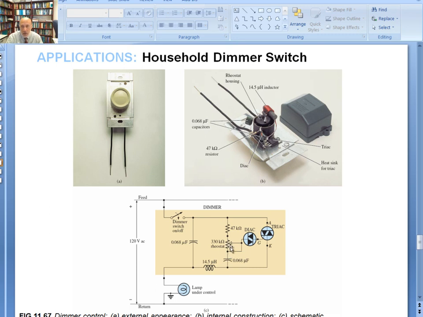By adjusting this rheostat, it comes to a time when the voltage across the capacitance, because the majority of the voltage will drop across the capacitance, is sufficiently high to turn on this diac. The diac is just a bidirectional diode, because remember the diode only conducts in one direction.